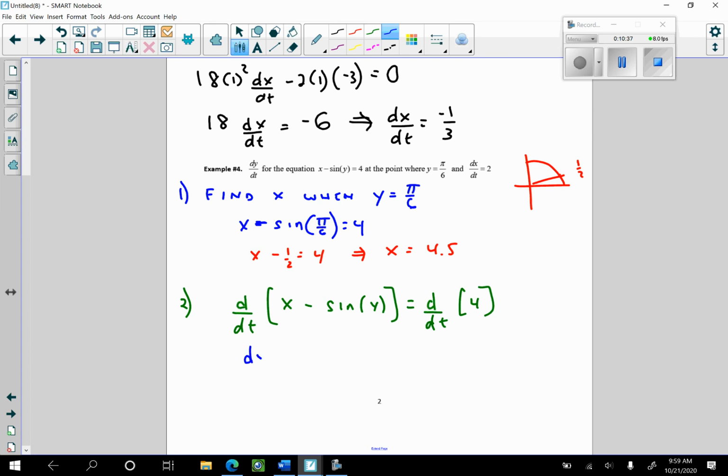I almost joked you on that. The derivative of this is going to be, what's the derivative of sine? Cosine. It's going to be cosine of y dy dt, which is equal to 0. And now what do I want? I want dy dt if y is pi over 6 and dx dt is equal to 2.